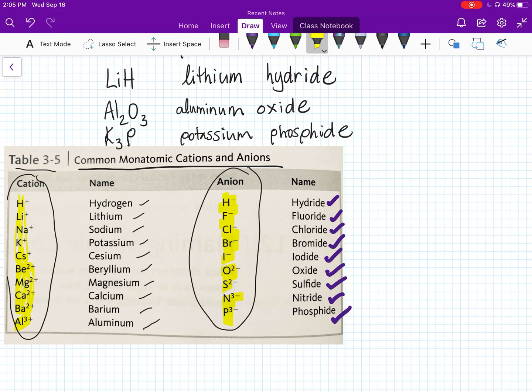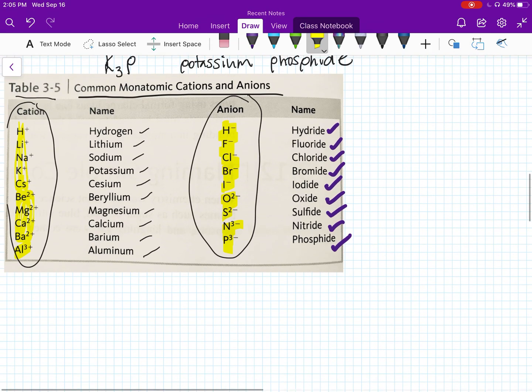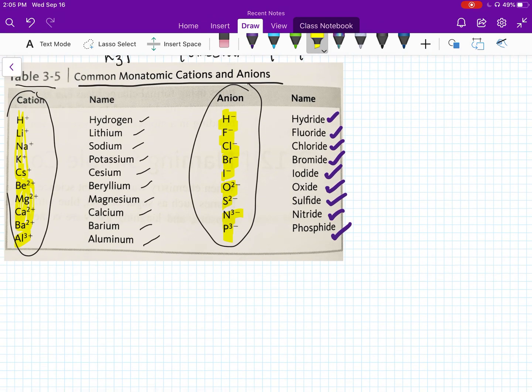So this has consequences. One thing that you are going to have to do is not only go from the formula to the name, but vice versa, from the name to the formula. So that can get just a little bit tricky when you go in the opposite direction. Let me give you an example of this. Can you write a formula for the following compounds?